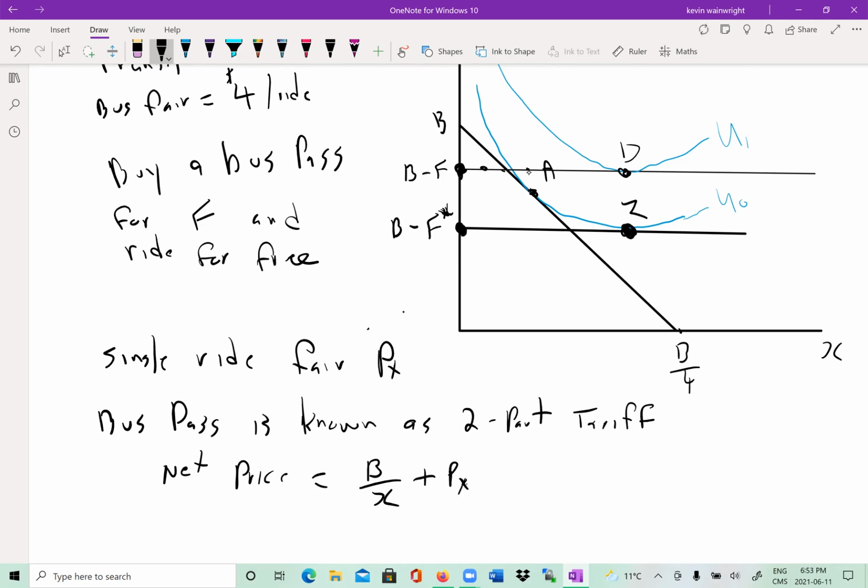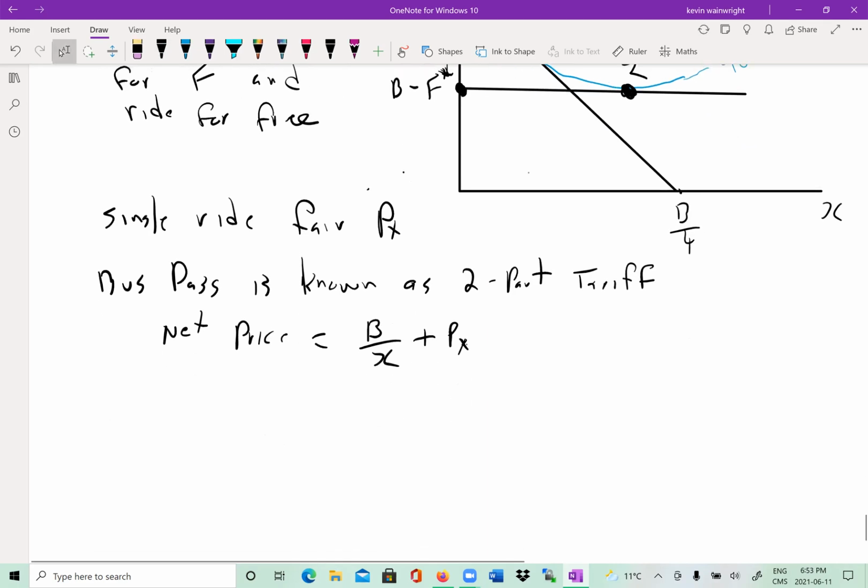But in this case, you pay 0 for each additional ride. You pay for the bus pass, and, oh, sorry, the bus pass is not B, but F. So you pay F per bus ride and then it's 0.